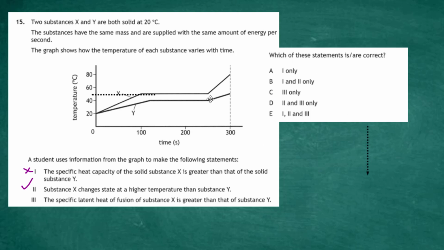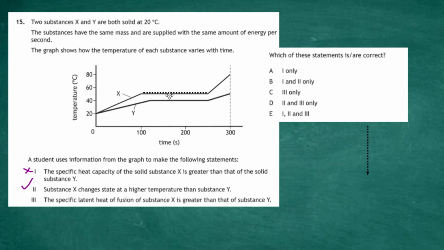Now our third and final statement is about the specific latent heat of fusion: the specific latent heat of fusion of substance X is greater than that of substance Y. Well, let's see how much energy was needed to change X completely from a solid to liquid, and we can do that once again with our little line here. We place the line across here, and remember, the length of that line is the length of time, which is directly proportional to the energy supplied.